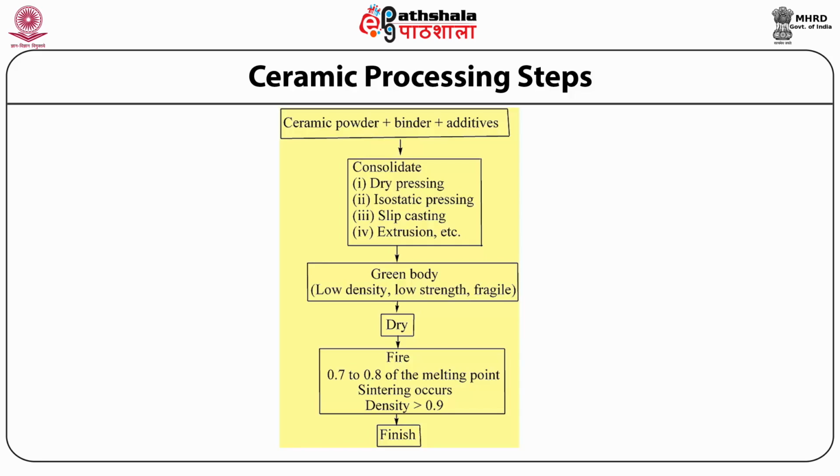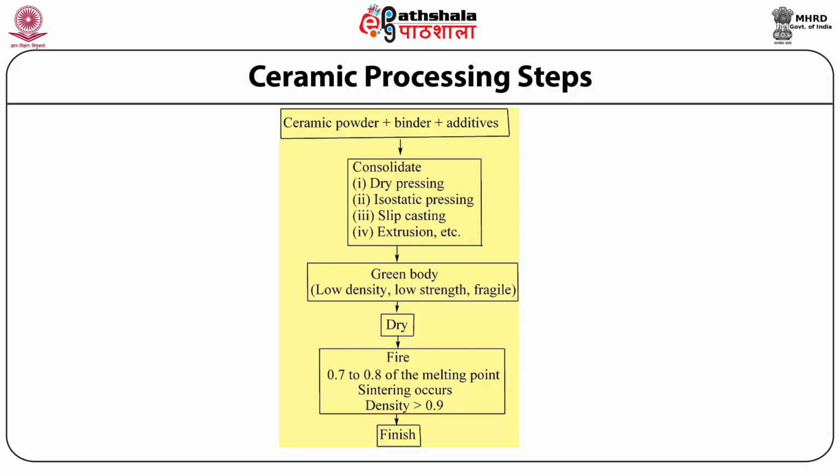As mentioned earlier, the green body has a low density, low strength, and is very fragile. So, to develop the desired properties, it is subjected to a firing operation in which the green body is heated to a high temperature, usually of the order of 0.7 to 0.8 of the melting point of the material.